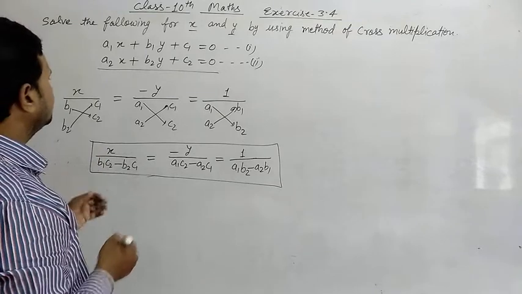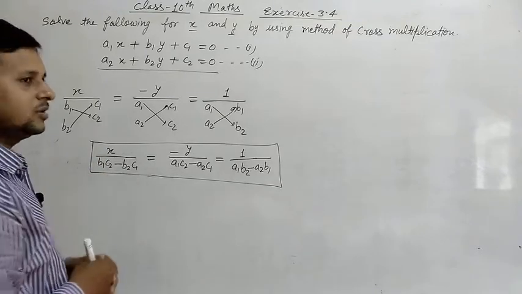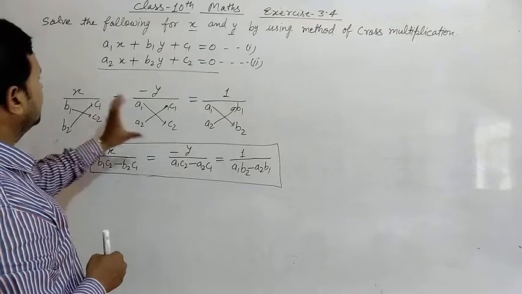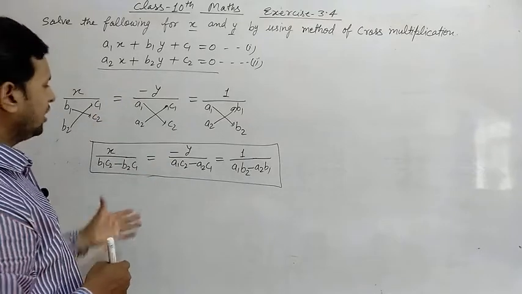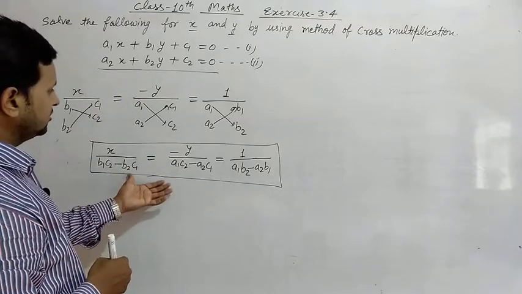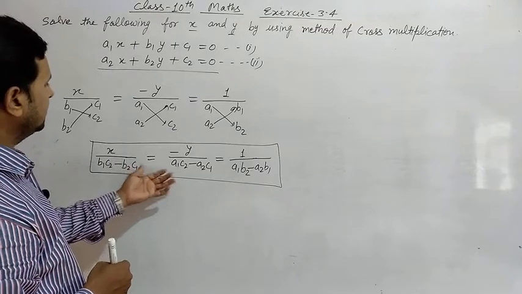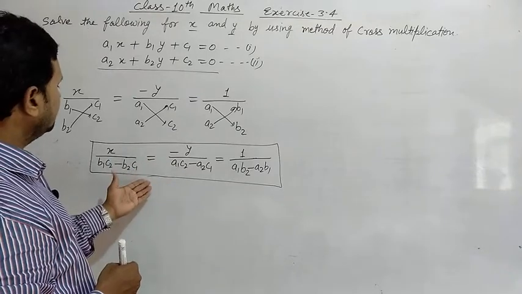For your more knowledge, you should see in your book how we get this formula. I have tried to make you understand so that you can know it very well.